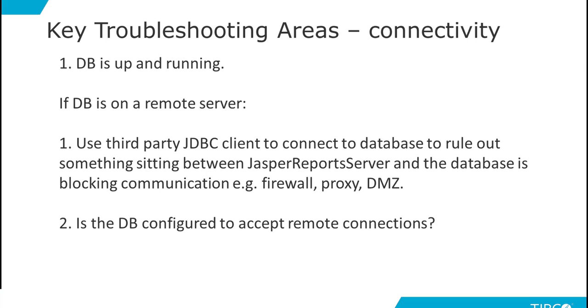Number 1, use a third-party JDBC client to try to connect to your database, and that will help you to rule out whether there's any component in between your JasperReports Server and your database that may be interfering with communication. Things like firewalls, proxies, DMZs, and so on. And second, you want to determine whether the external database is configured to accept remote connections.